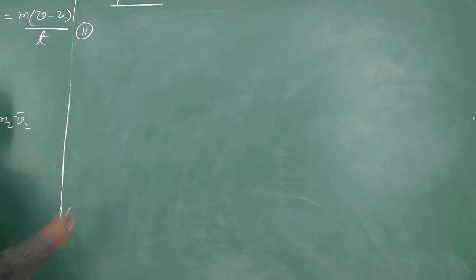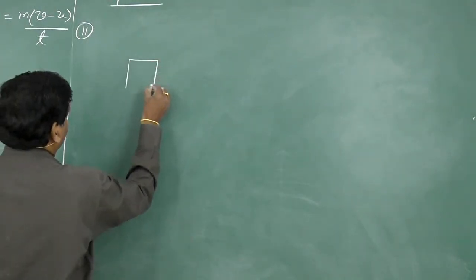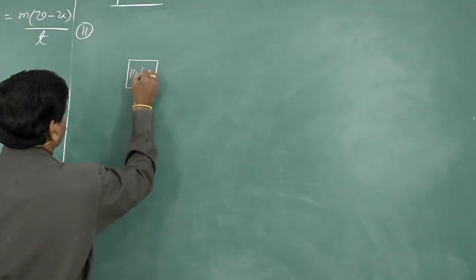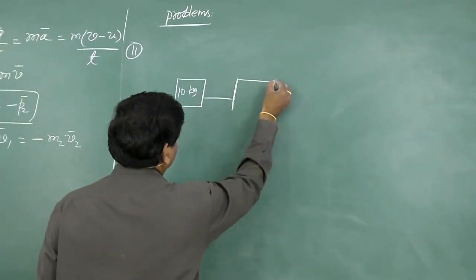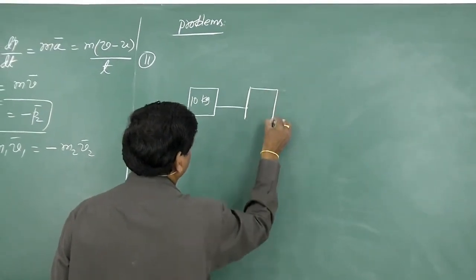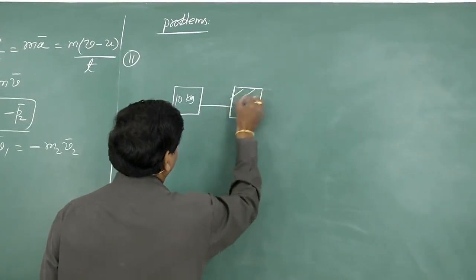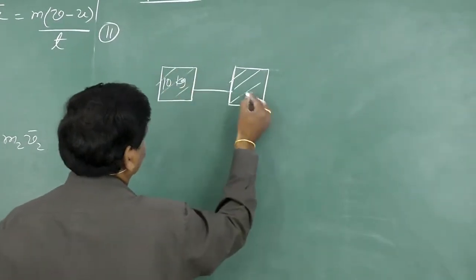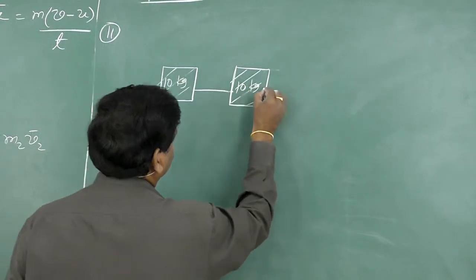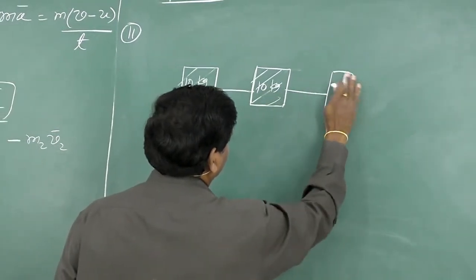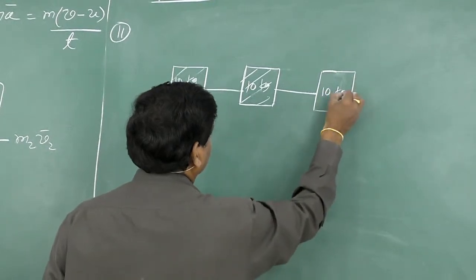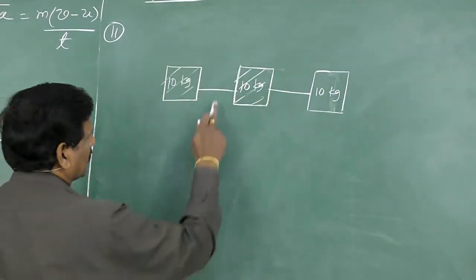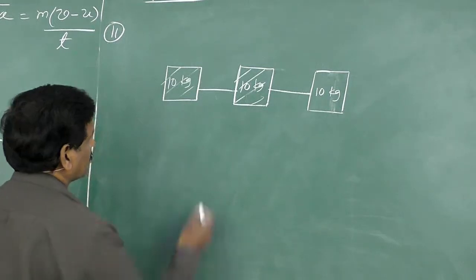So here 3 blocks, identical blocks of the same mass 10 kg, connected by different strings like this.